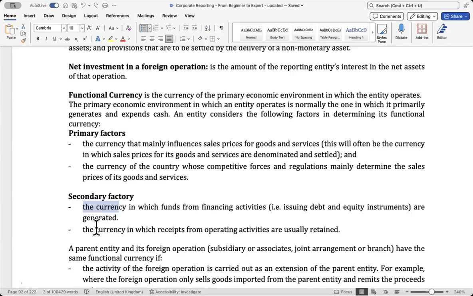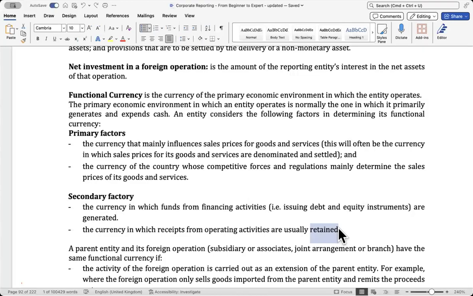Then another one is the currency in which receipts from operating activities are retained. So even if you're making naira but converting everything to dollars, probably the only reason you would retain dollars is that you need to restock most of your goods in dollars.